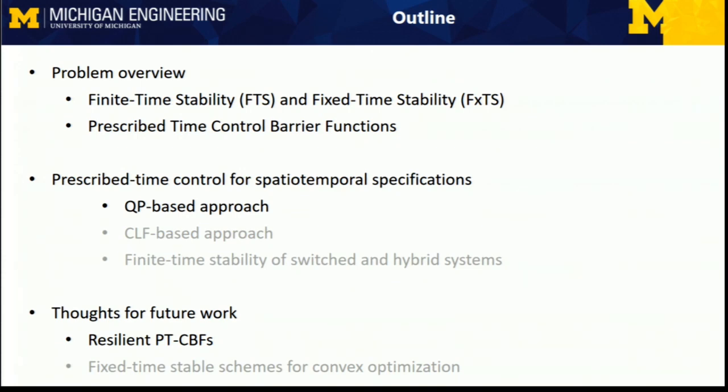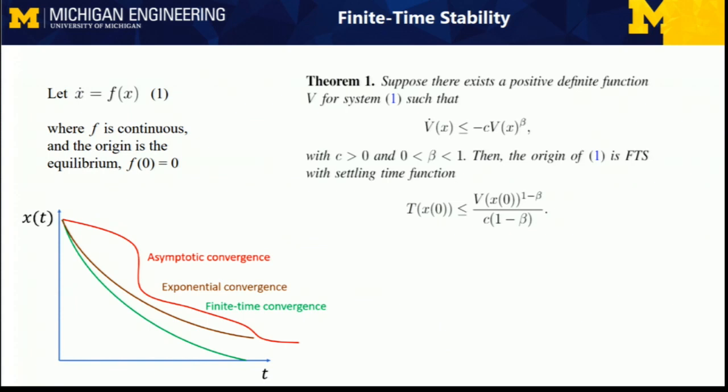We have also done work related to analysis and other types of prescribed time control designs that I will not have the time to discuss, but I'm happy to send you papers or discuss afterwards offline. And time permitting, we will see some of the connections with resilience in our ongoing work. So, what do we mean by finite time stability?